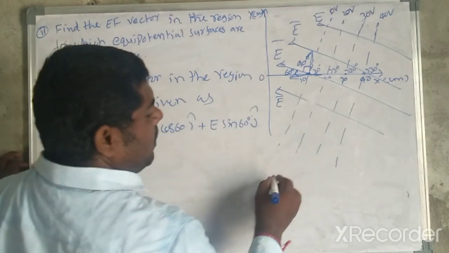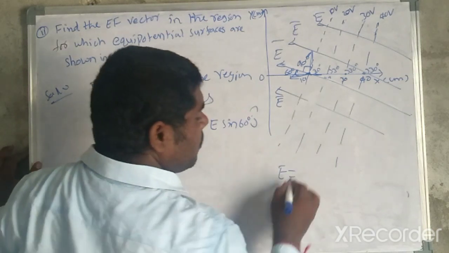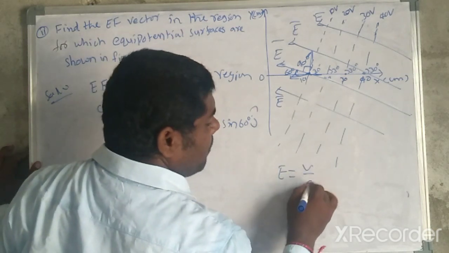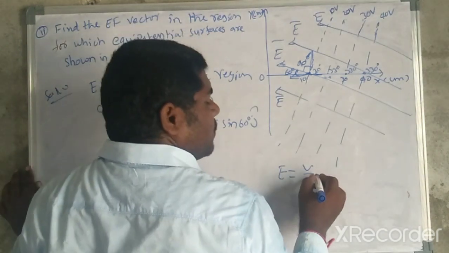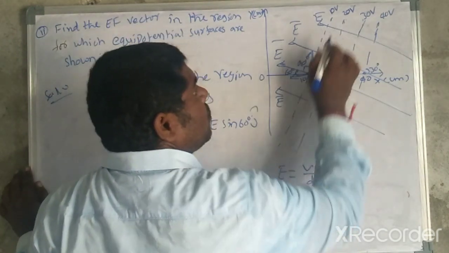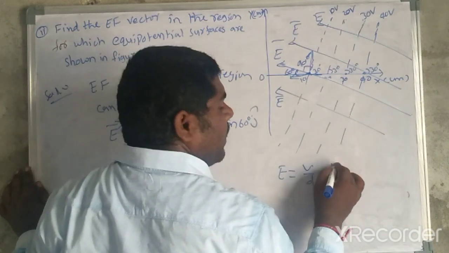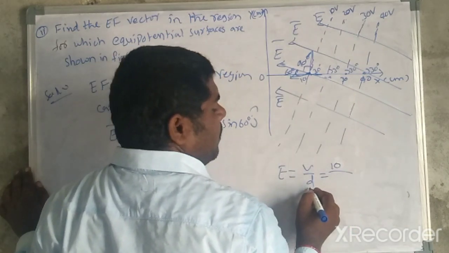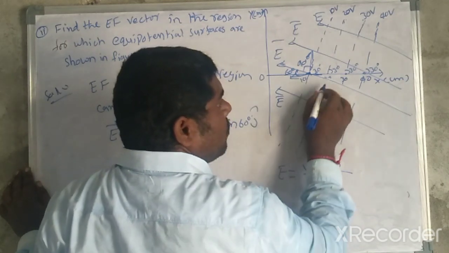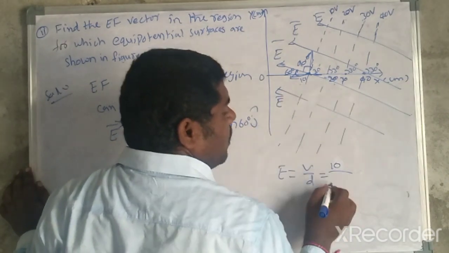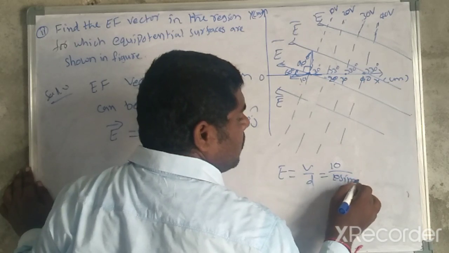You may find the electric field first. Electric field is equal to the change in potential divided by the displacement, dx. The change in potential is 20 minus 10, divided by d, the perpendicular displacement, which is 20 minus 10 into sin 30.